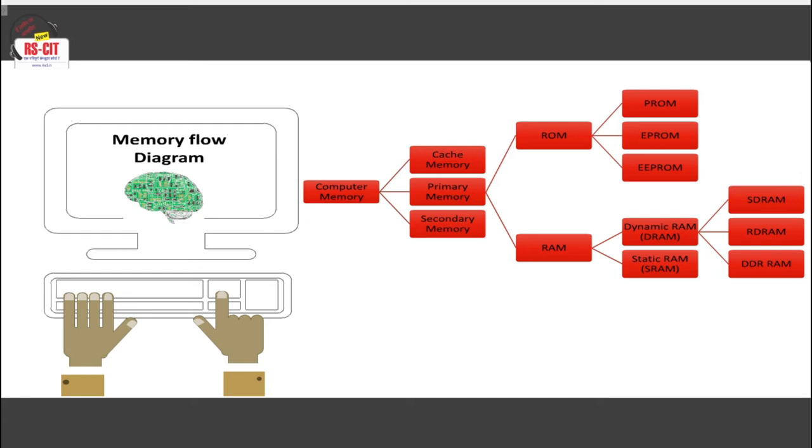ROM can be further classified into three categories as PROM, EPROM and EEPROM. RAM is categorized into two types, that is DRAM and SRAM. DRAM, that is dynamic RAM, has three categories that are SDRAM, RDRAM and DDR-RAM. Let's discuss all these types in detail one by one.